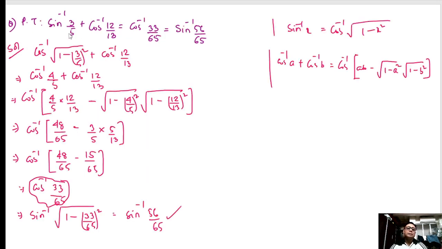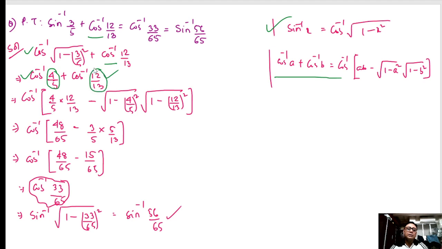Similarly, let us prove this. So see, sine inverse x, we are using this formula, cos inverse root over 1 minus x square, and this is cos inverse 12 by 13. So we get cos inverse 4 by 5 plus cos inverse 12 by 13, and now we are using this formula: cos inverse a plus cos inverse b will be cos inverse of ab minus root over 1 minus a square into root over 1 minus b square. This is my a, this is my b.